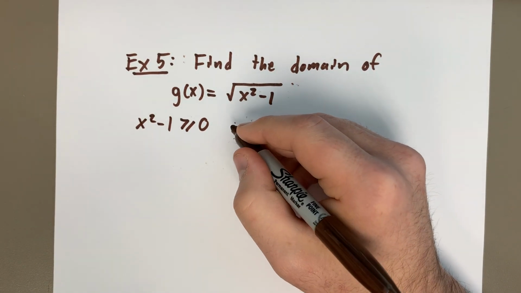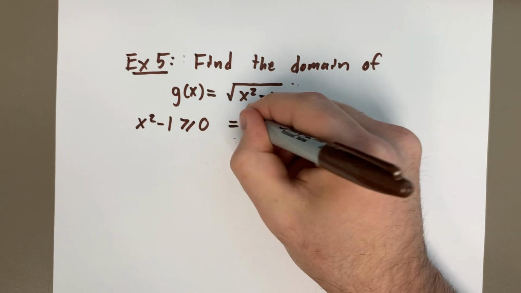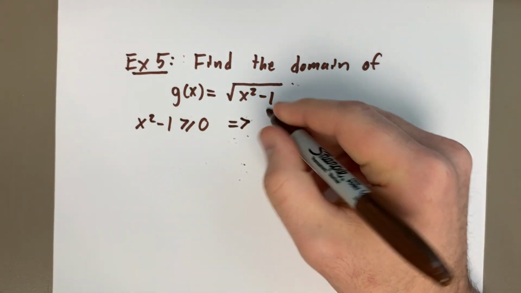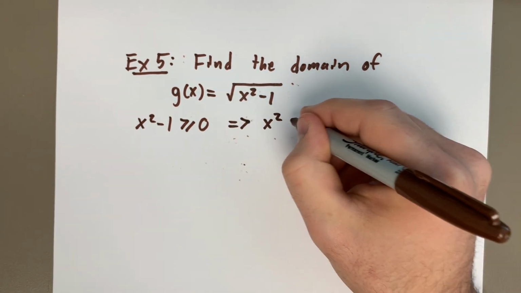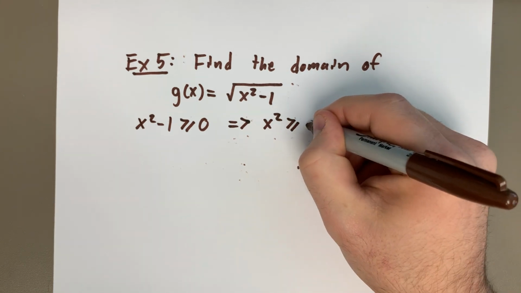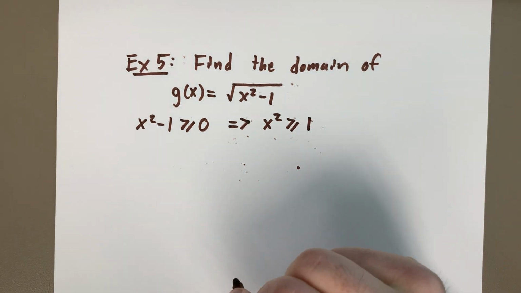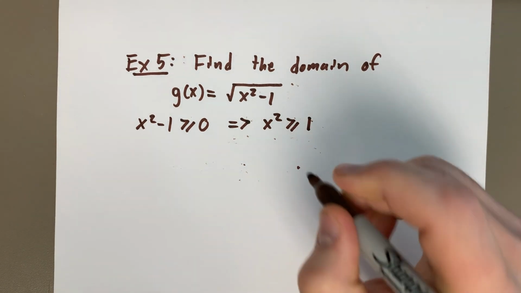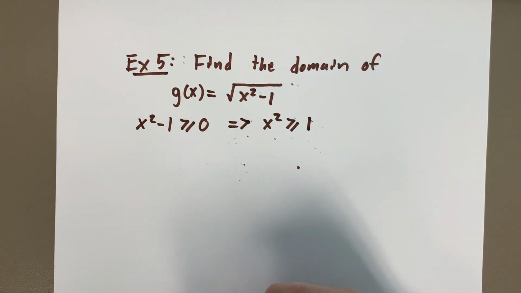So how do I do this? Solve using algebra. Add 1 to both sides. This gives me x squared is greater than or equal to 1. Now here's the weird thing that's about to happen. In order for me to get x by itself, I need to take the square root of both sides.